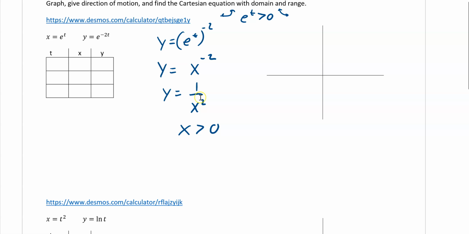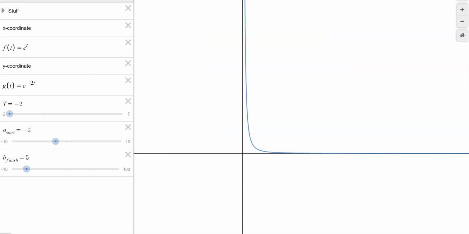So when we think of our rational expression as we'd have that shape like this, we're only going to get the second side over here. So that is our track for our y equals 1 over x squared. It looks like this. So now all we need is direction. And there's our direction. So if we plug those into our calculator, we'll see what shape it is.